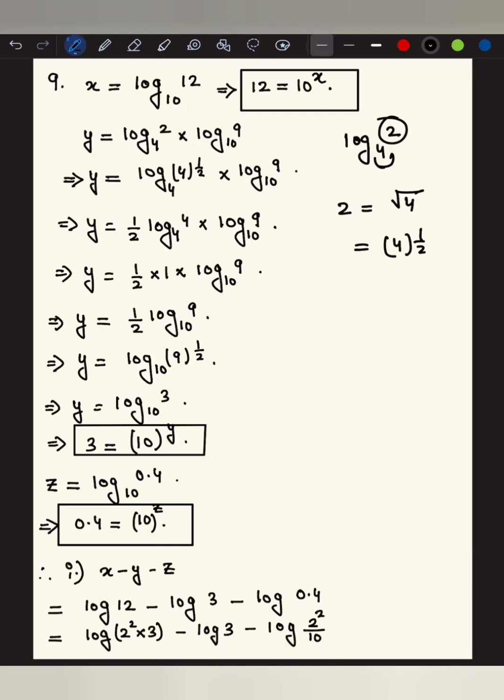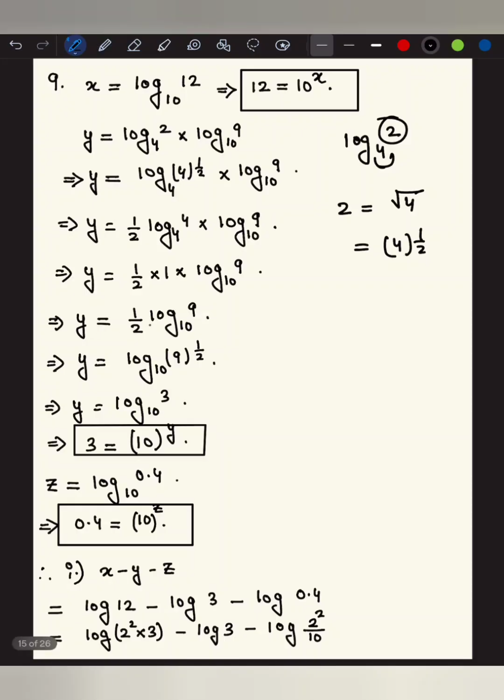So that is what I have written here. So y equals log of 4 whole to the power half base 4 into log 9 base 10. I have kept it as it is. Which is equal to half, this half of 4 to the power half comes at the front. So half log 4 base 4 into log 9 base 10. So log 4 base 4 will be equal to what? 1. So half into 1 into log 9 base 10.